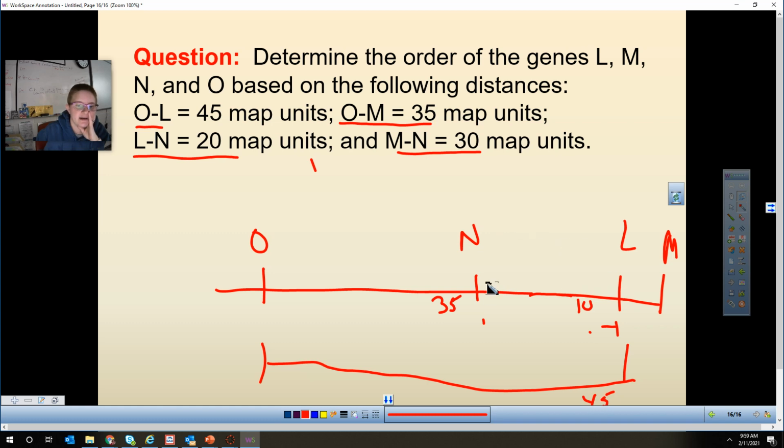No, that doesn't work either. O and M are only 35. Oh my gosh. So what if this is M, because O and M are 35 map units away, and O and L are 45 map units away. That makes this 10. So I'm still stuck on where to put N. Golly.